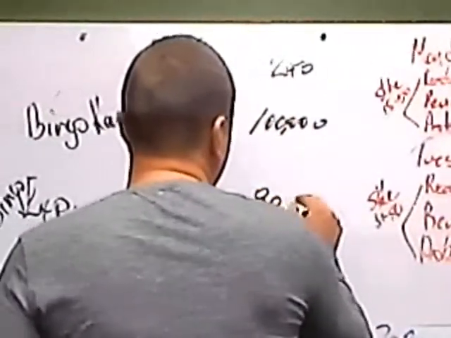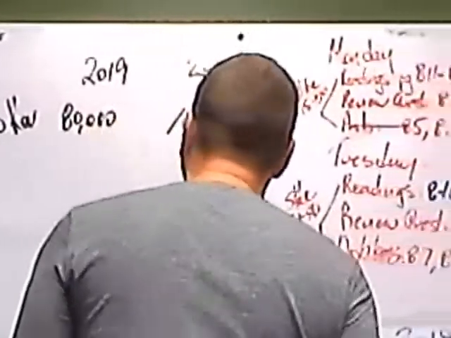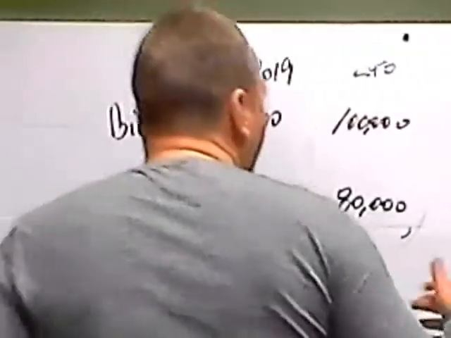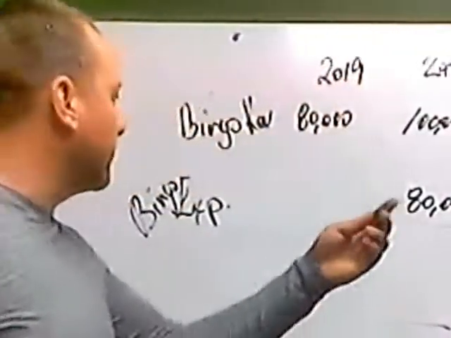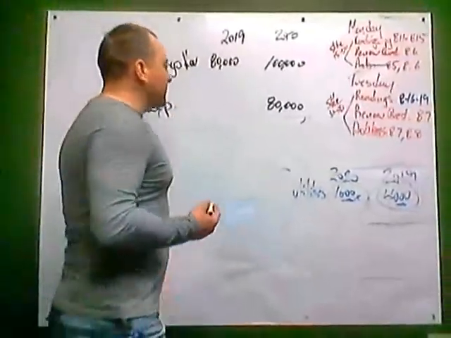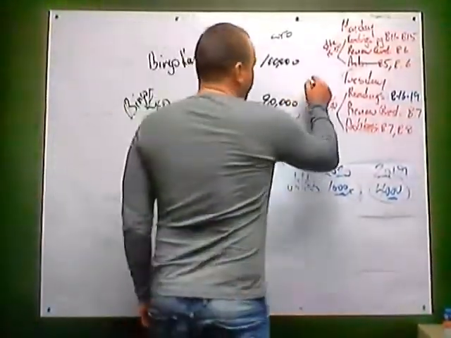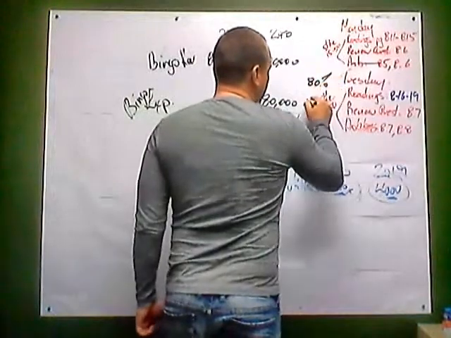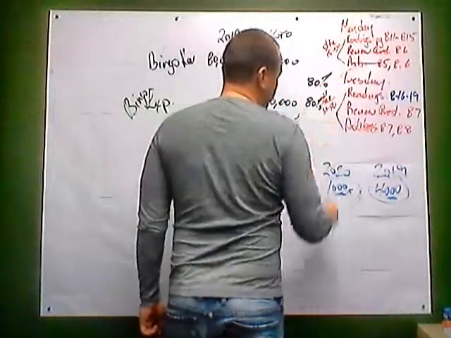So our expenses are $80,000. And it's very similar throughout the years. So let's just say in 2019, it's always 80%.